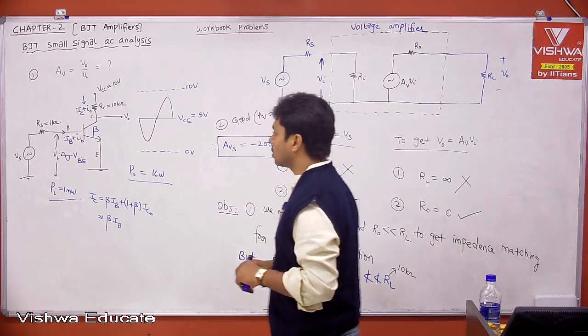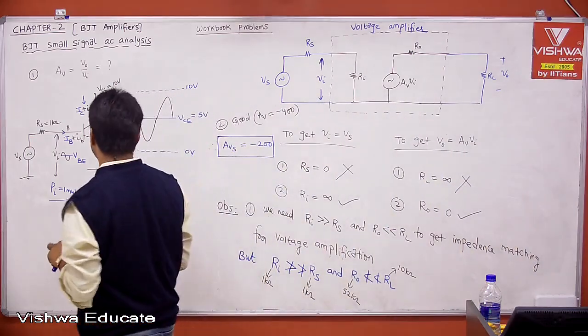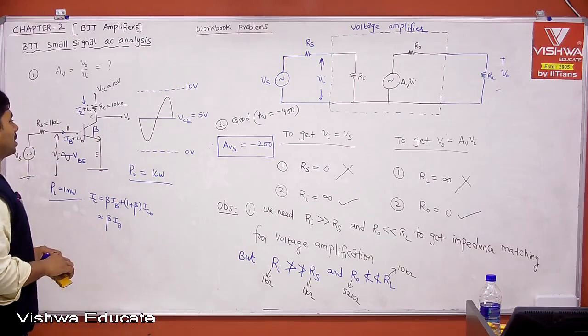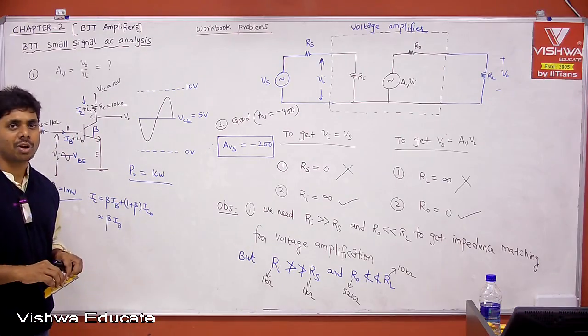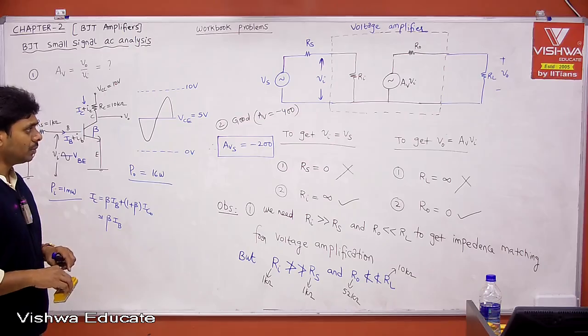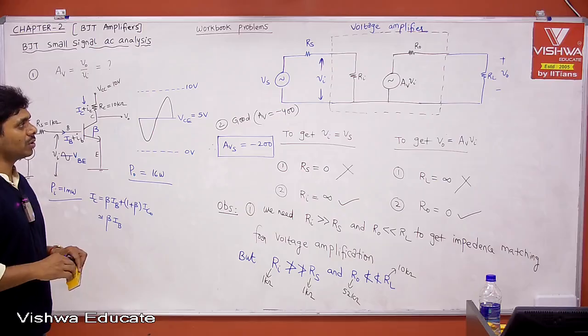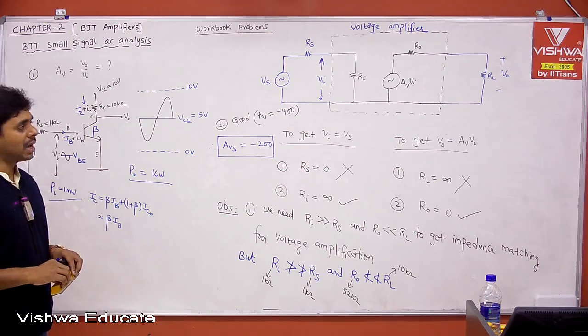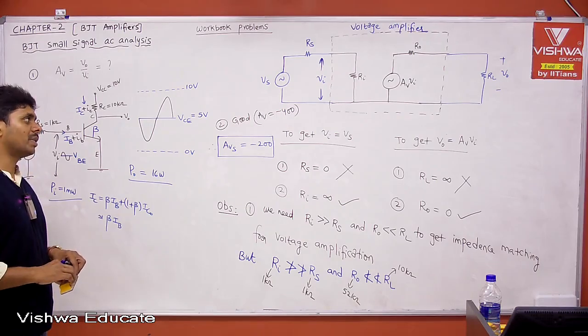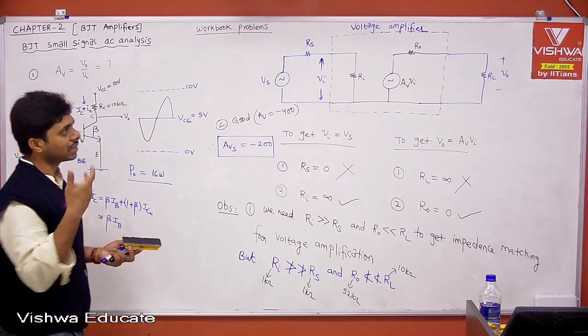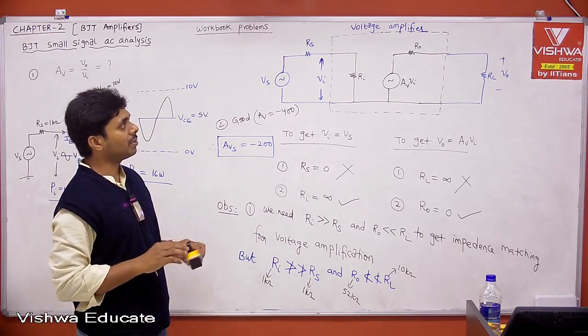We need not do this much analysis for the remaining configurations, like your MOSFET amplifiers, because this is the first time we are seeing an amplifier and trying to understand what voltage gain, current gain, input impedance and output impedance are, and the significance of Ri and R0 for a voltage amplifier.